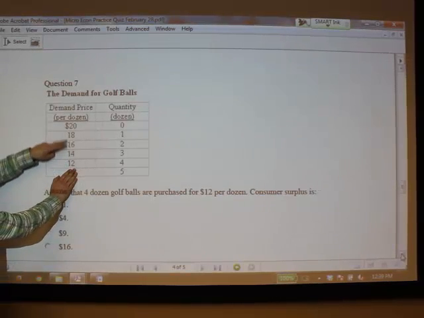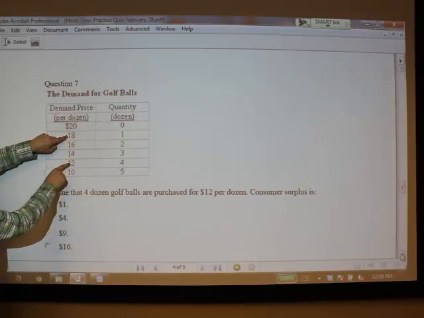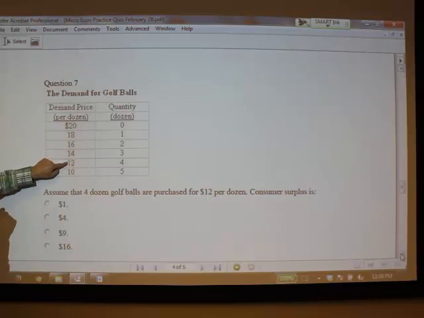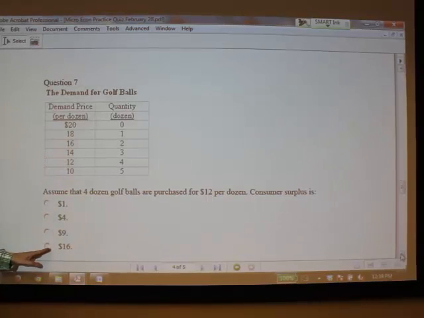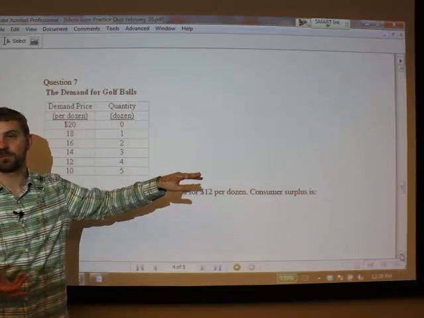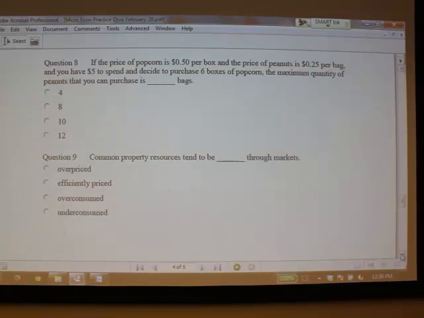You might add all these together, and you find that it's 30 plus 30 is 60, minus the total expenditure, which is 12 times 4, or 48, or 12. But 12 is not an option. So the other way is to draw the demand curve, and that's the one that gives you the answer that we just saw, which is correct.